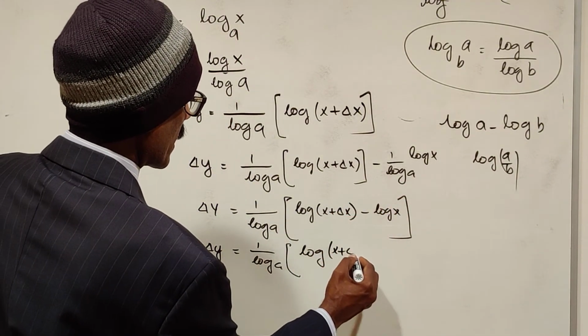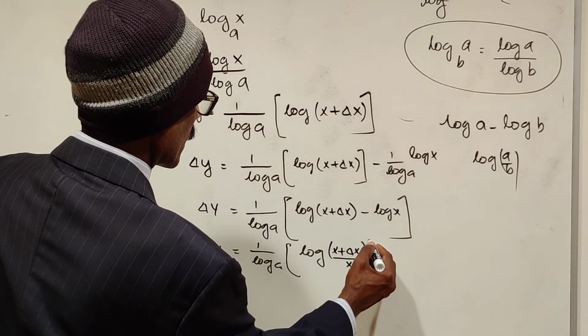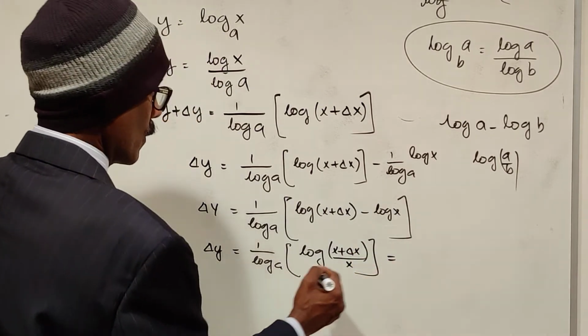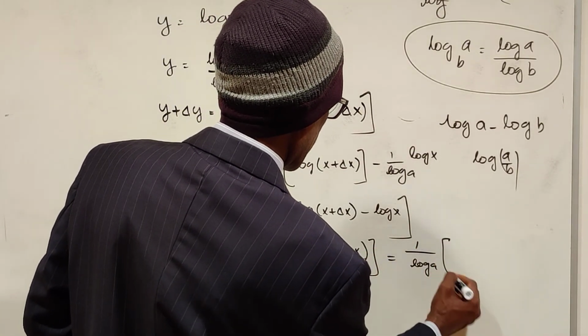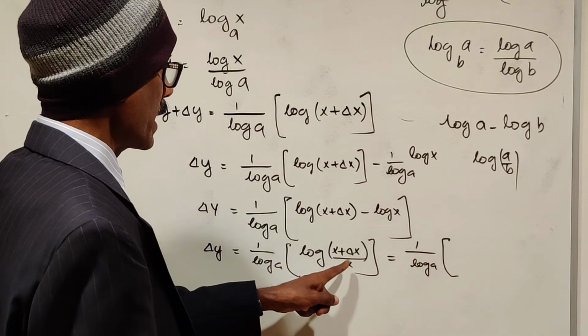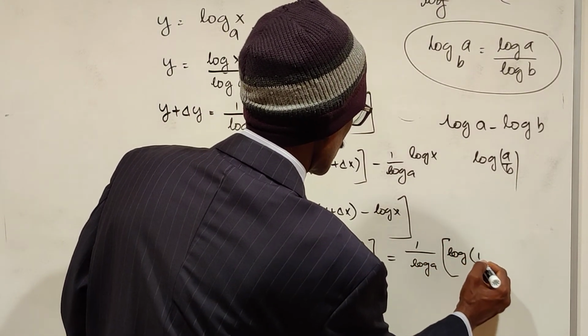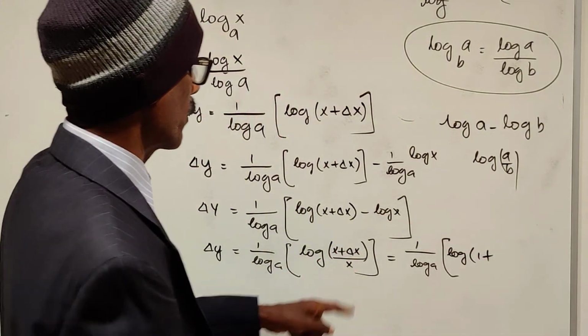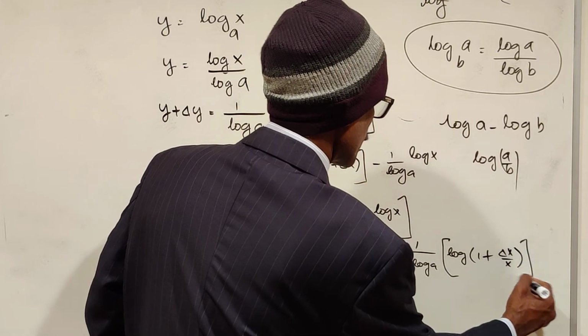So x plus delta x by x equals 1 by log a, log of 1 plus delta x by x. Close the bracket.